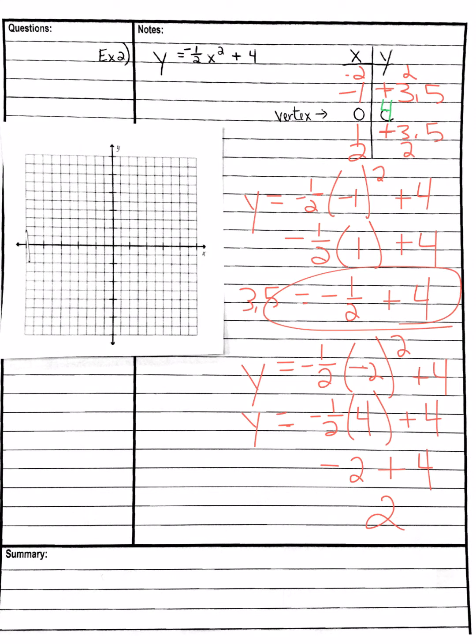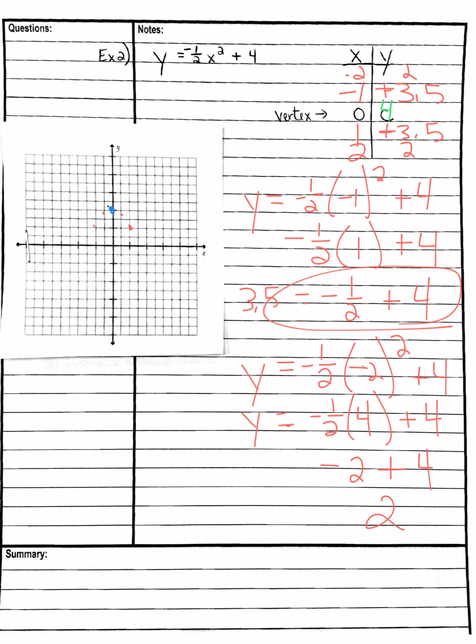As we go to graph this, let's start with our vertex. It's at 0, +4, 1, 2, 3, 4. Our vertex is in blue. I'm going to go to -1 and 3.5. I'm just estimating it should be right halfway between. And then I'm going to go to -2 and +2 and +2 and +2.